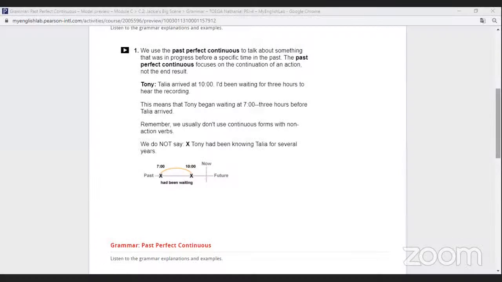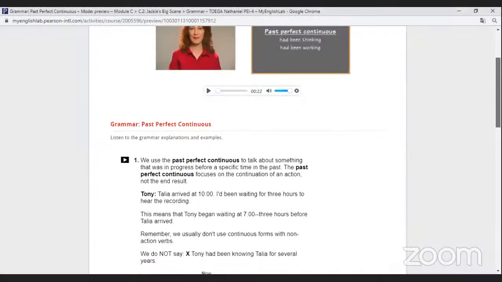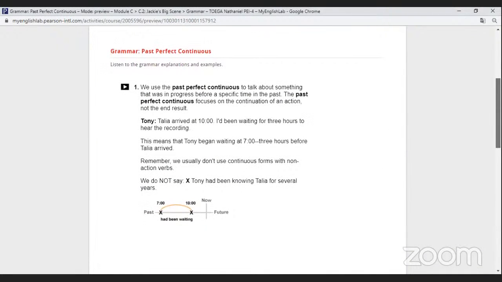Yeah, it's had and past participle. Exactly. In this case, it's only in a continuous form, and that part is really easy. But we're gonna check a little about it. I'm gonna share my screen. Now you can see my screen, right? Yeah, I can see it.